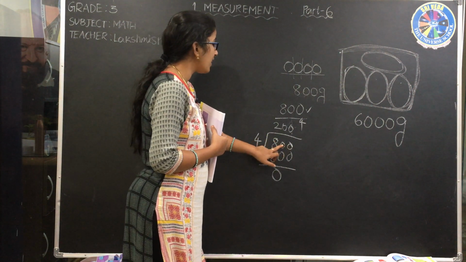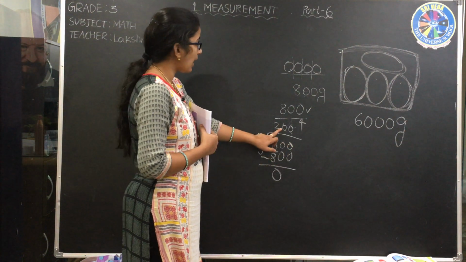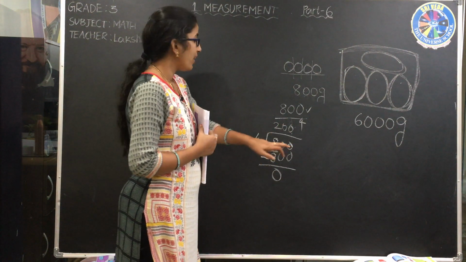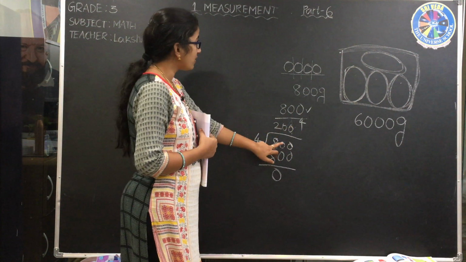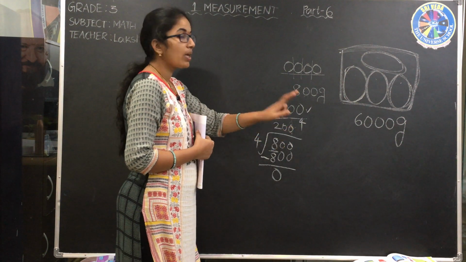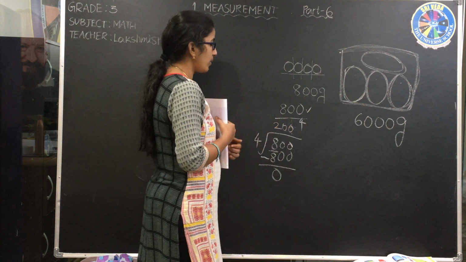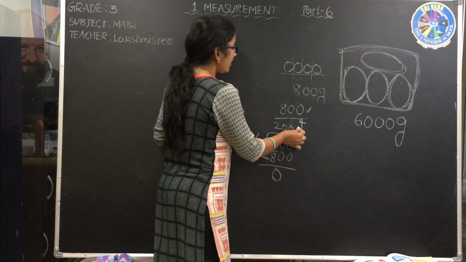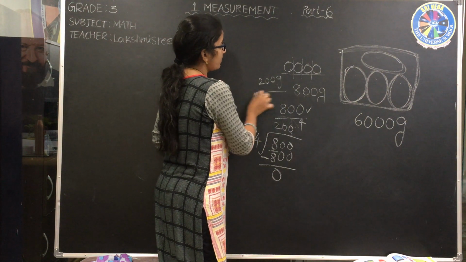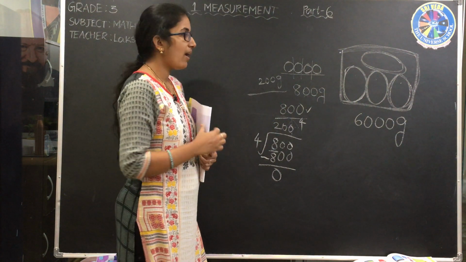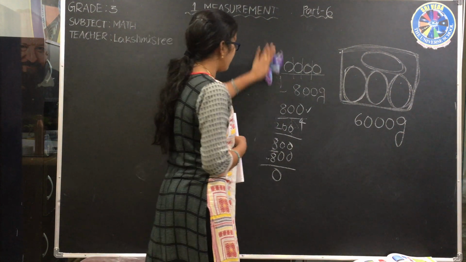But how many zeros are there? 2 zeros. So you can add 2 zeros here. If there are 3 zeros, you can add 3 zeros. If there is only 1 zero, you can add only 1 zero. Okay children? With zeros we can do it. So, now what is the weight of each apple? 200 grams.